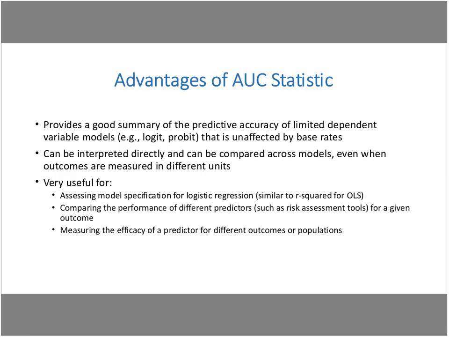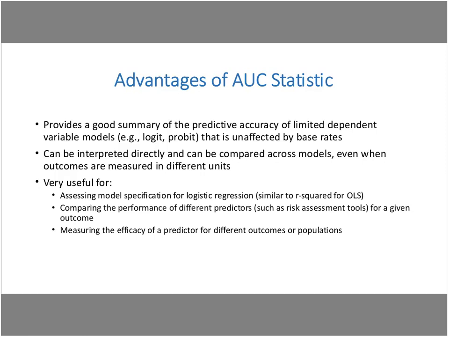So if you're estimating a model and you're wondering if you should include an additional variable or not, you're not quite sure about that variable, you can run a model without it, calculate the AUC, put that variable in, calculate the AUC again, and if the AUC stays about the same, that variable really didn't enhance your predictive accuracy very much. Conversely, if the AUC jumps dramatically, okay, that's an important variable that you're going to want to include. So it's nice for that purpose. You could tweak your models a little bit, run them in different ways, and see how the AUC is changing.